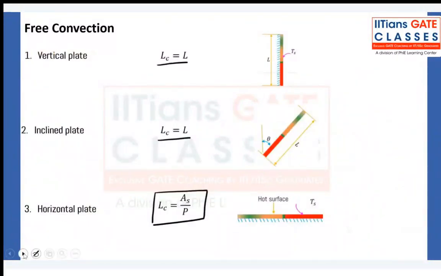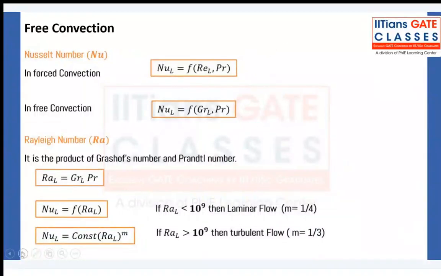Next, Nusselt number and Prandtl number also play a role in free convection. Reynolds number is exclusively for forced convection, but Prandtl number and Nusselt number come in free convection as well.